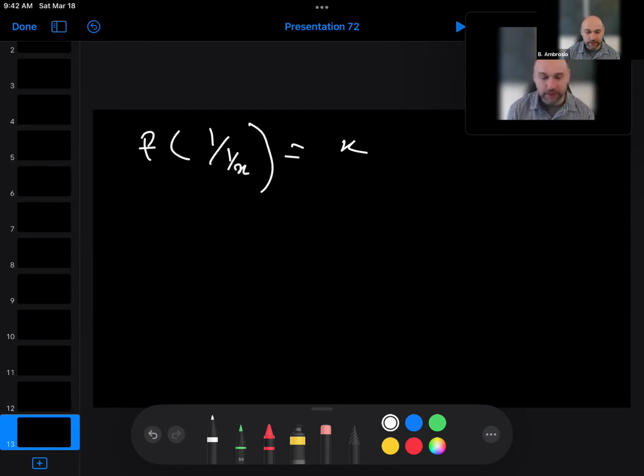Okay. But the point that I wanted to emphasize is that the smaller x, the larger f of x, when f equals 1 divided by x. Is there any question?